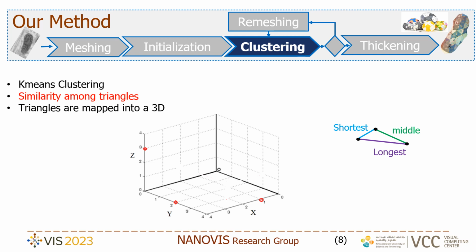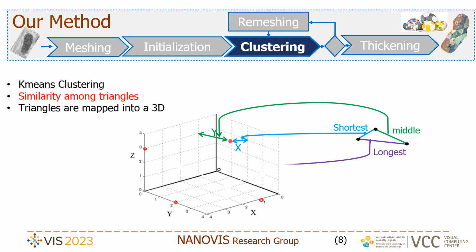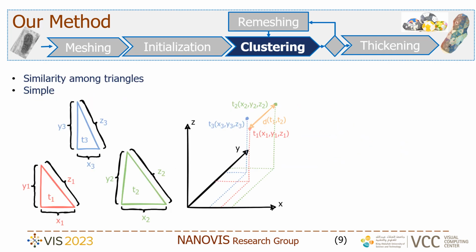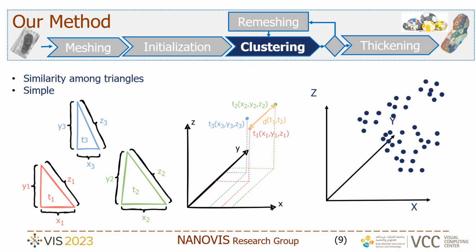Each triangle is mapped into a single point in 3D space such that the shortest edge is mapped as a distance from the x-axis, the middle edge is a distance from the y-axis, and the longest edge is a distance from the z-axis. In this way, all the triangles are mapped into 3D space such that the distance between the corresponding points indicates the degree of dissimilarity of the two triangles, and then we apply k-means clustering to classify these triangles into k classes.